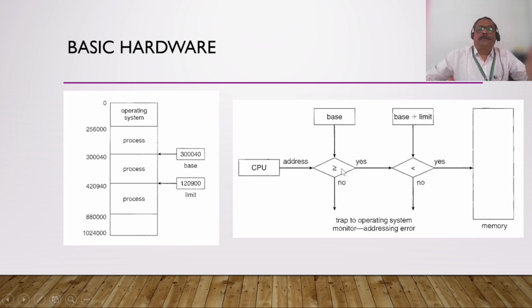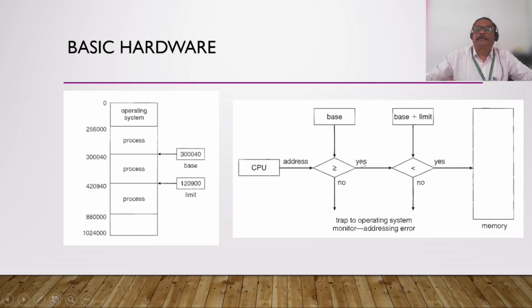If you are talking below the base, then you may be talking about the previous process, therefore you should not be allowed to. If it is above this, yes, it may be. Then make sure that it doesn't go beyond this line. If it goes beyond this line, then you are talking about the next process. So make sure that it is not in the previous process, and in the same way, it is not addressing the next process.